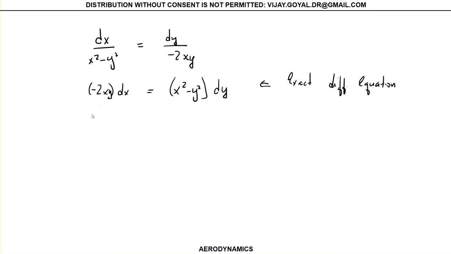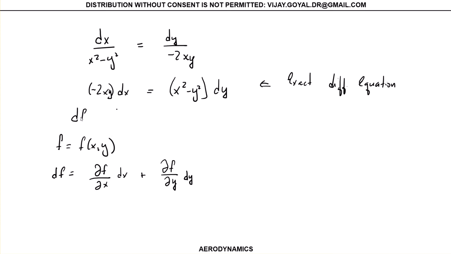It's an exact differential equation if you realize that we can write, if we had f equal to f of x, y, then df, using the chain rule, is the partial of f with respect to x, dx, plus the partial of f with respect to y, dy. Okay, and if you take this equation and bring this to this side, I can rewrite this as follows.